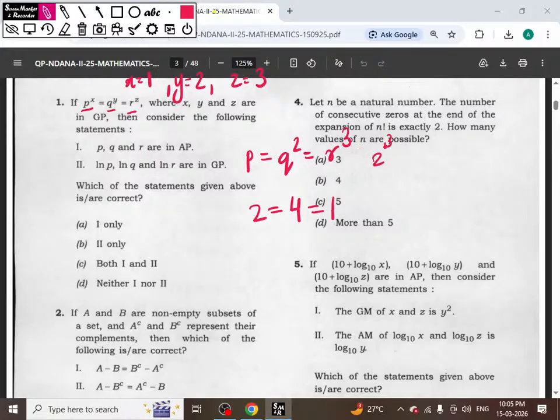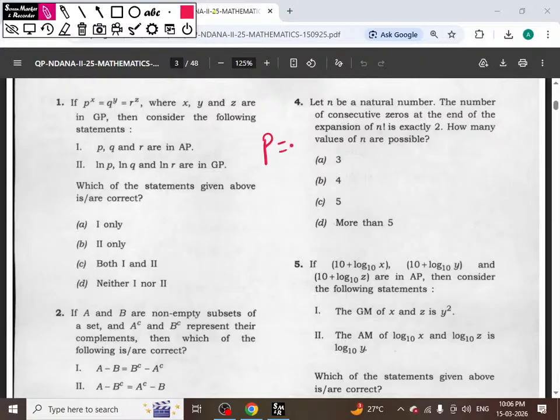q will be 8. So will it be equal? No, it won't be in an AP. Oh, sorry, wait.